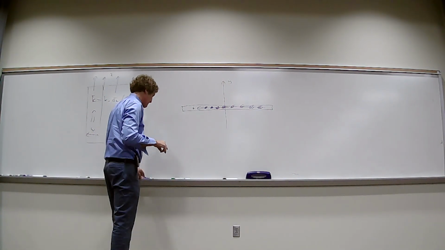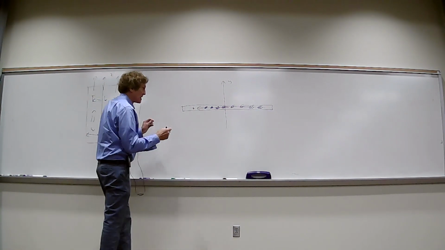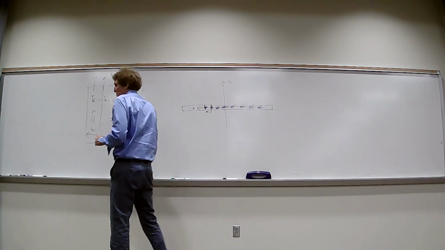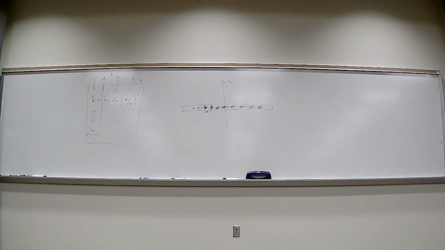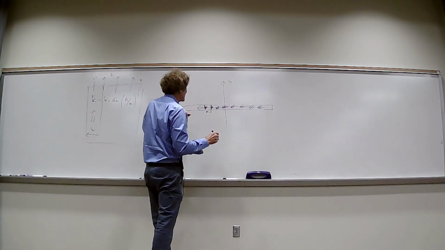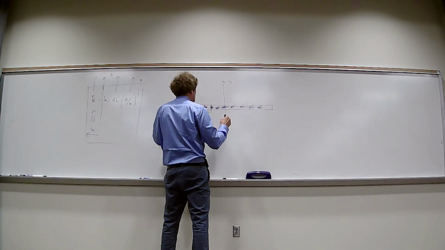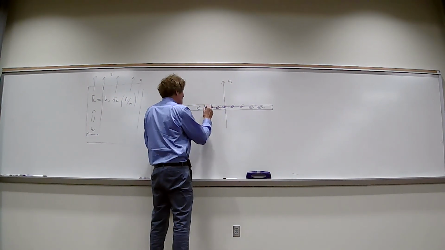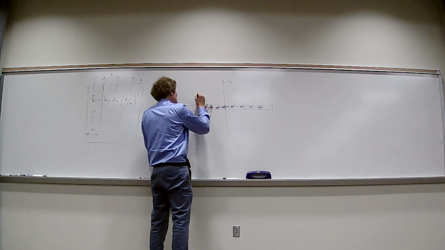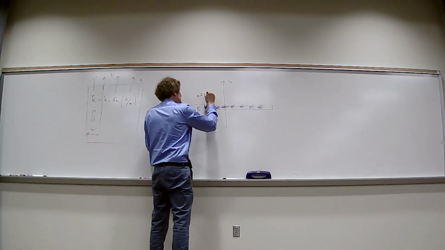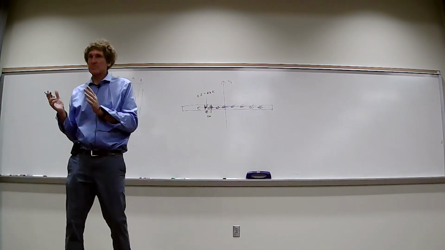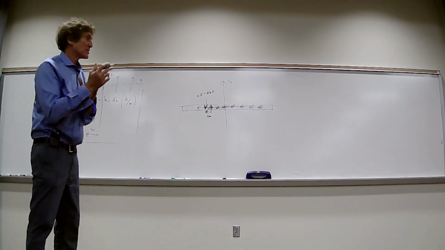What I'm going to do is look at a sheet of current of a width, I'm sorry, this is X, this is Z. So if we talk about this and it has a width delta X, then the total amount of current in here, or delta I, would be equal to delta X times K. It should make sense to you, right? Sheet of current, amps per meter times delta X meters. That would be the amount of current.